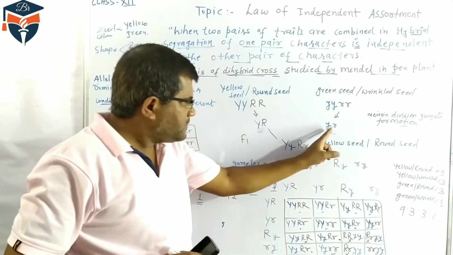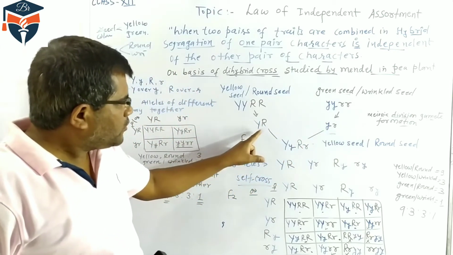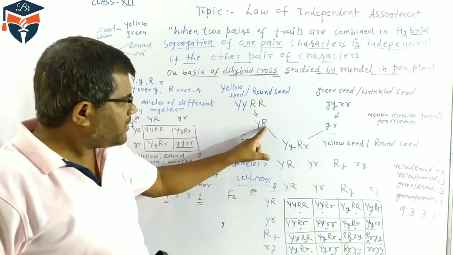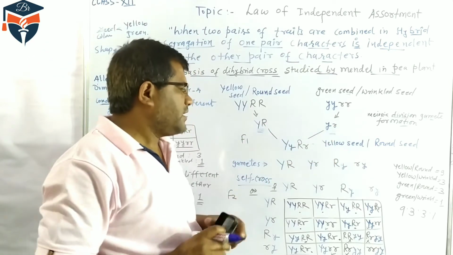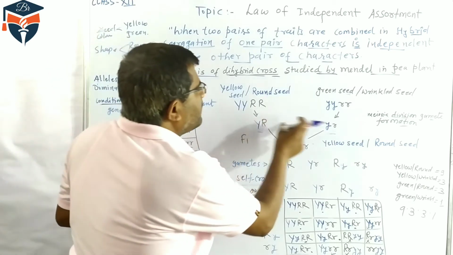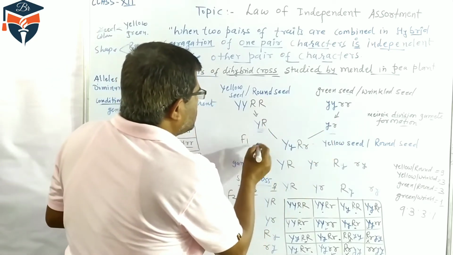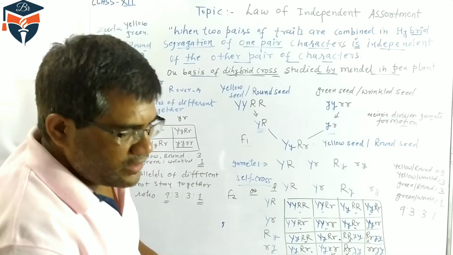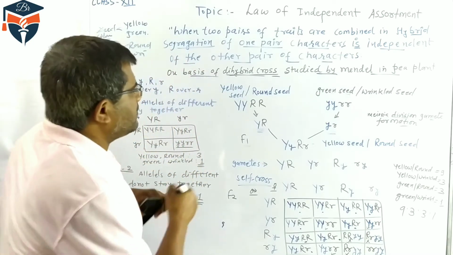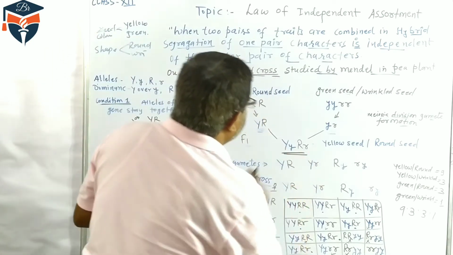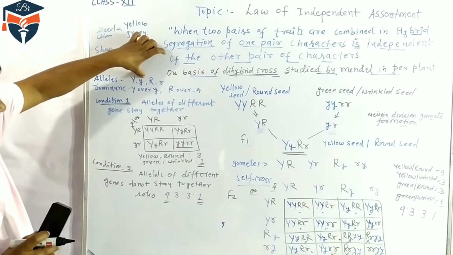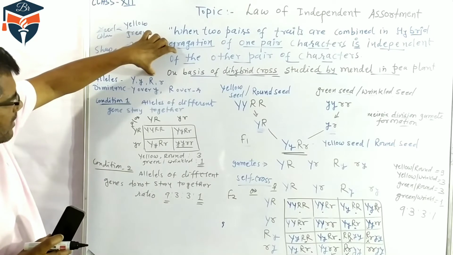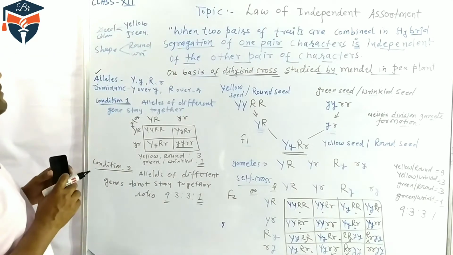In this gamete 2 alleles are there, capital Y, capital R, and in the other gamete also 2 alleles are there. If these gametes are crossed, we receive progeny that has the 4 alleles, capital Y, small y, capital R and small r.